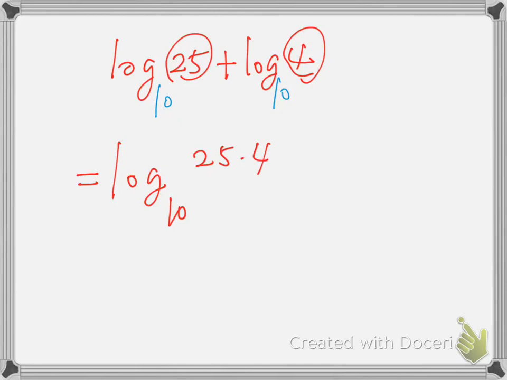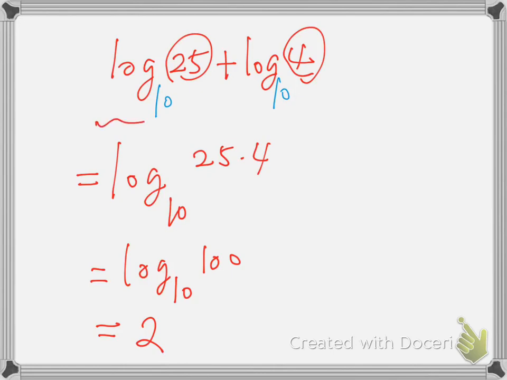It's the backward of the product rule. 25 times 4 is 100. So we get log base 10 of 100, which is 2, because 100 is 10 squared. So the answer is number 2.